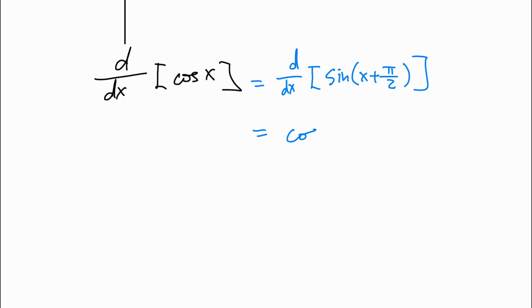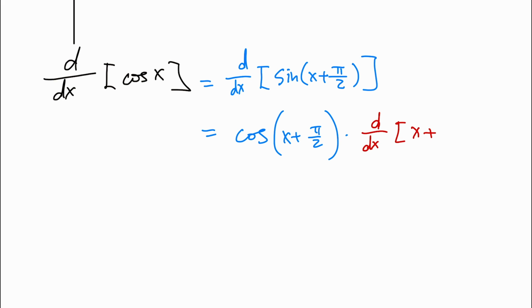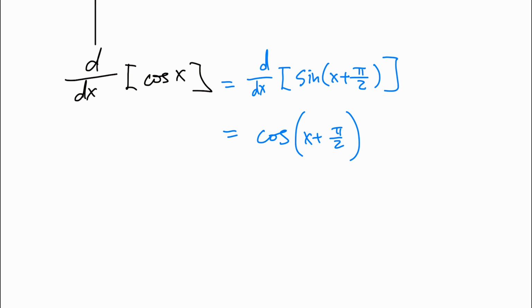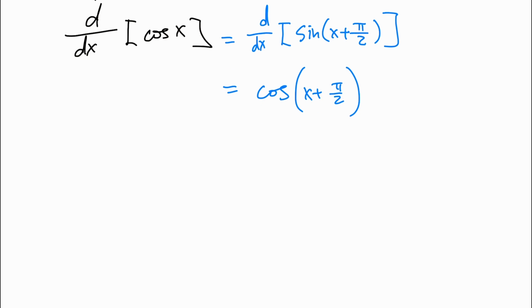So that's cosine of x plus pi over 2 times the derivative with respect to x of x plus pi over 2. Using the constant rule, the pi over 2 part is equal to 0, and the derivative of x is just 1, so that part is gone completely. So the derivative of cosine of x is cosine of x plus pi over 2, and that is equal to negative sine of x.